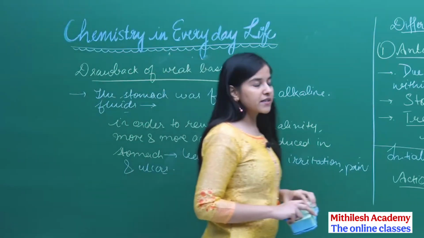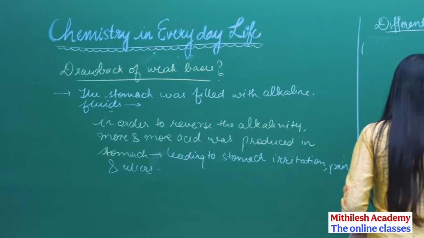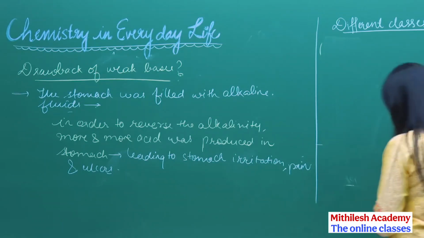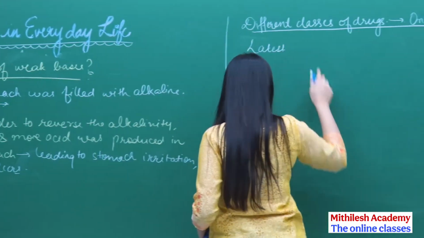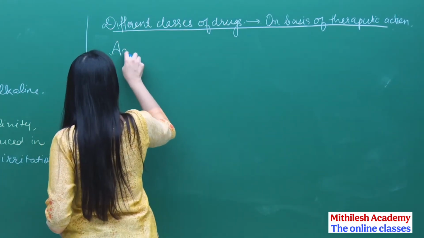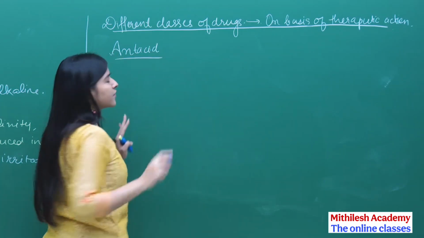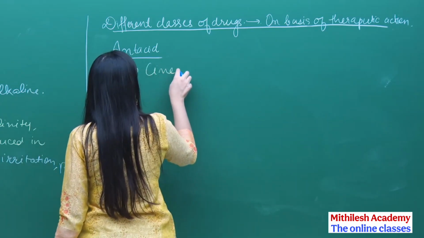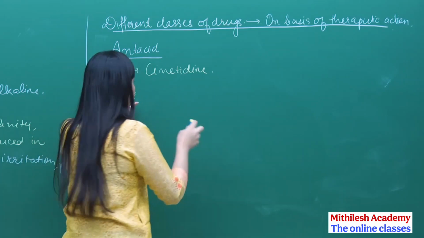Now, what are the actual antacids which are taken these days? The antacid that was produced, which served as a revolutionary product, was cimetidine, and one more was there.